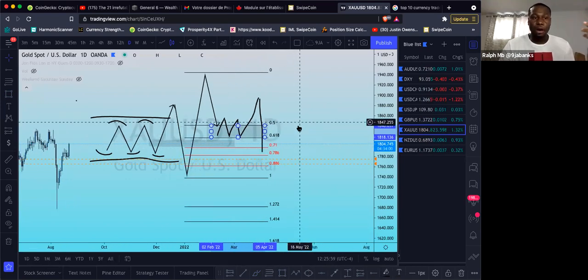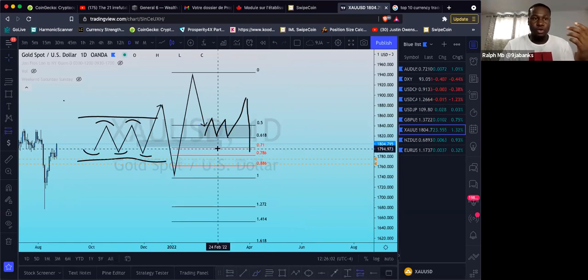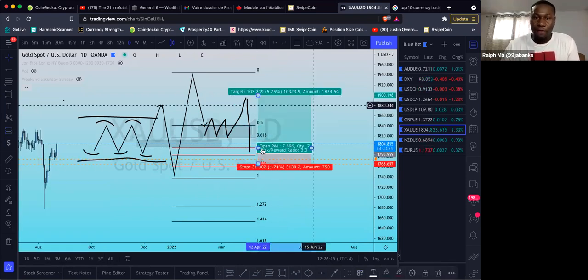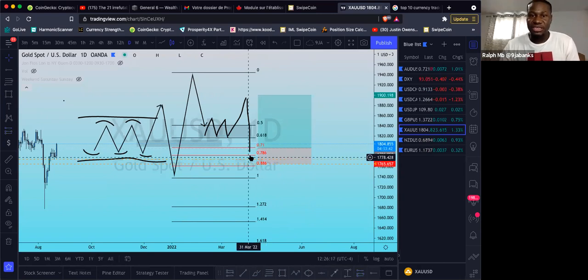What I mean by the highest probability trade idea is, when you go to these tools here, you're gonna have what we call a long position and a short position. I'm using the long to show you guys the example, but the same thing applies to a short position. So right here, let's say I'm entering off of the 71%.